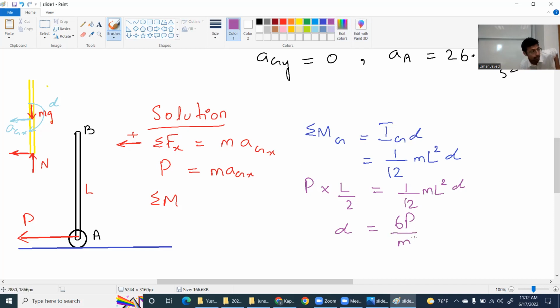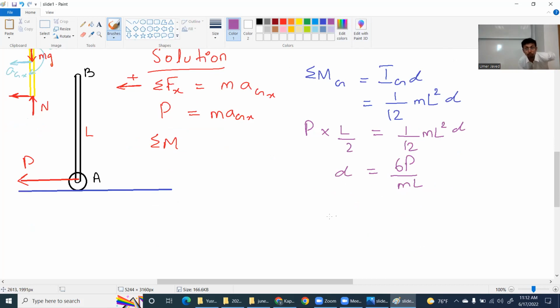Correct? And then what will be our AG? So I will do the summation of forces is equal to MA, and we will get AG, which is AGX, by the way, equal to P by M.